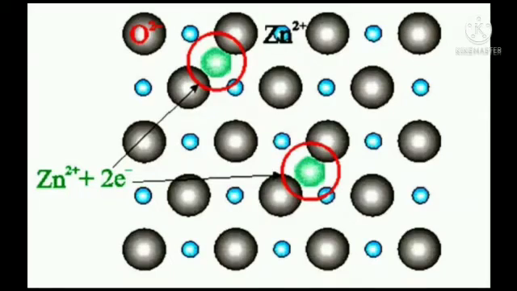The excess zinc ions formed get trapped in the interstitial positions, and an equivalent number of electrons are also accommodated in the neighboring interstitial positions to maintain electrical neutrality. The yellow color of zinc oxide on heating is due to these trapped electrons in the interstitial sites. Other examples of compounds showing this defect are cadmium oxide, chromium oxide, etc.